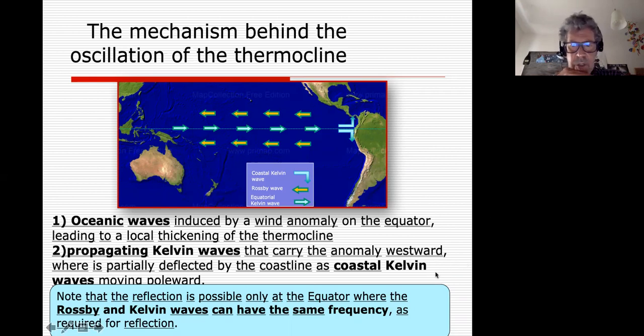At mid latitude, there is a difference in the frequency between the two. So the reflection is no longer possible.